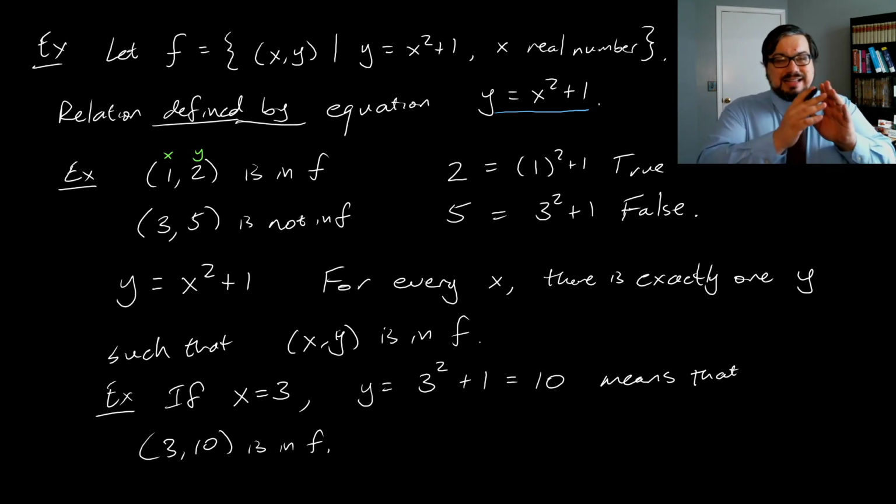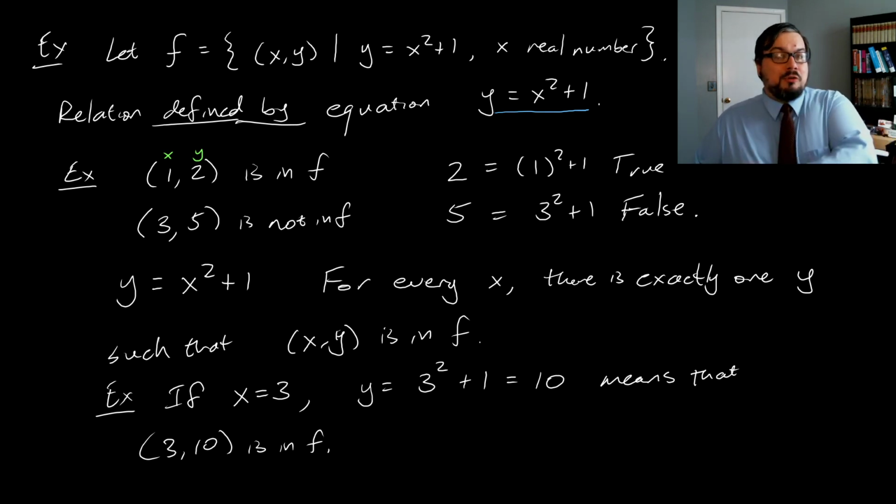Every first entry, which we're going to start calling the input, has only one second entry or output that goes along with it. There are lots of situations in real life where we want to have relations that have this property. So for instance, if you're running a department store, you want to make sure that every barcode on every item there gets matched up with exactly one price.